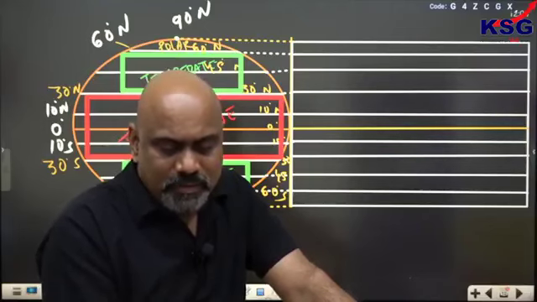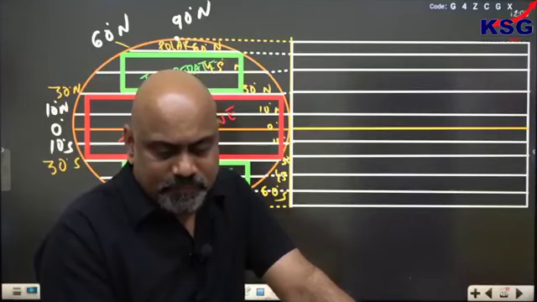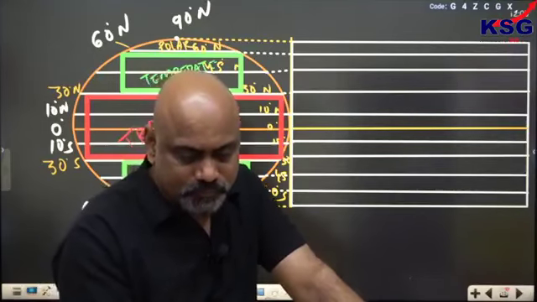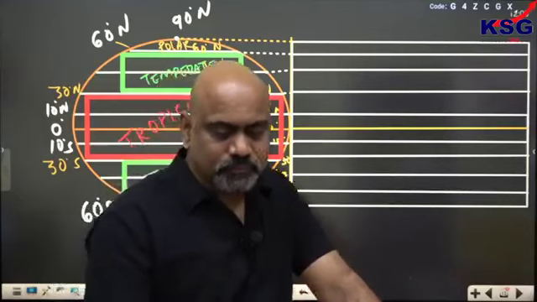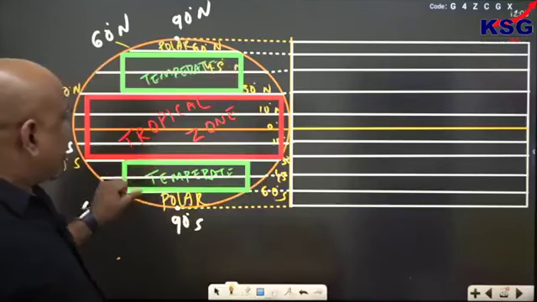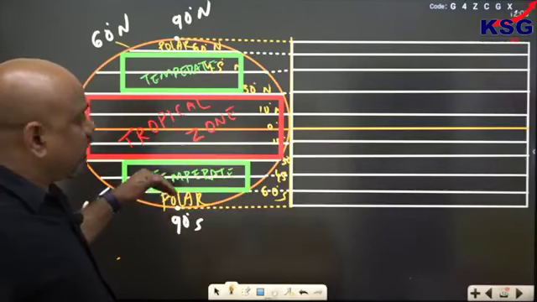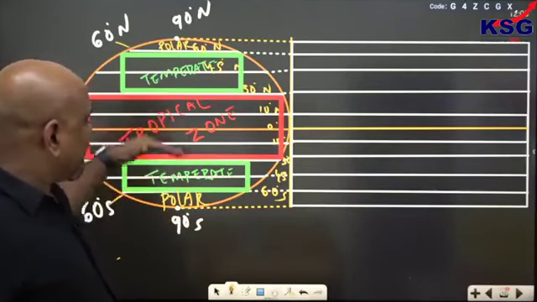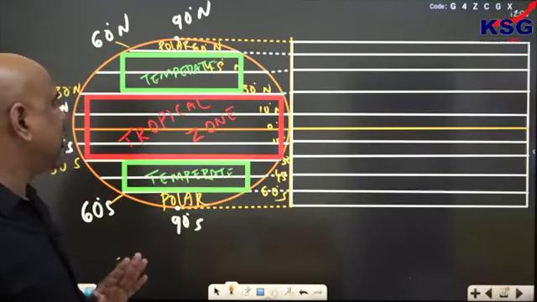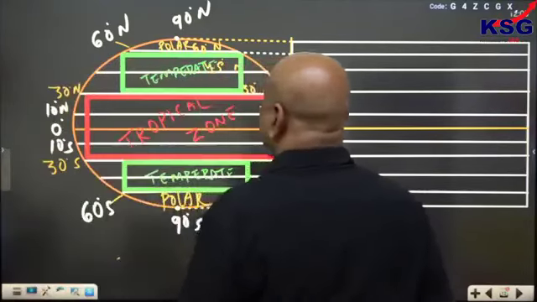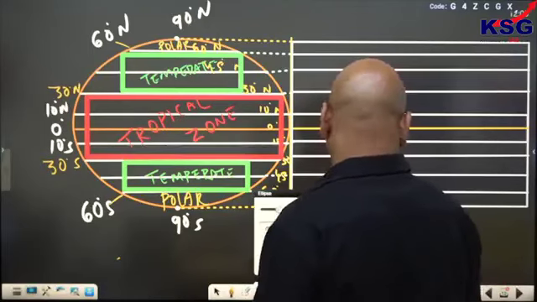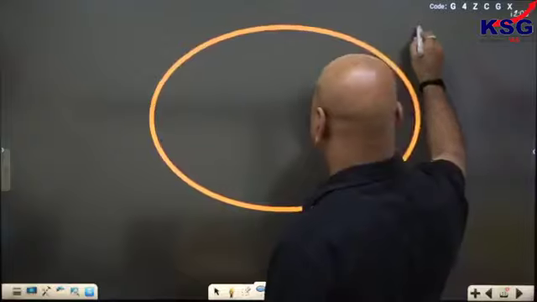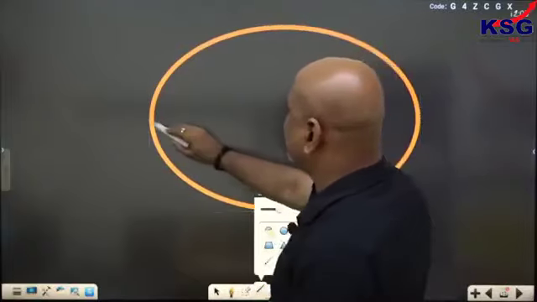Now I would like to say one thing here, that the temperate zone is in fact an intermediate zone between tropical and polar. Exchange of heat is there. आपको पता है अर्थ में अगर इसको देखा जाए, let me draw this and let me tell you. If this is the earth here, this is the equator here.